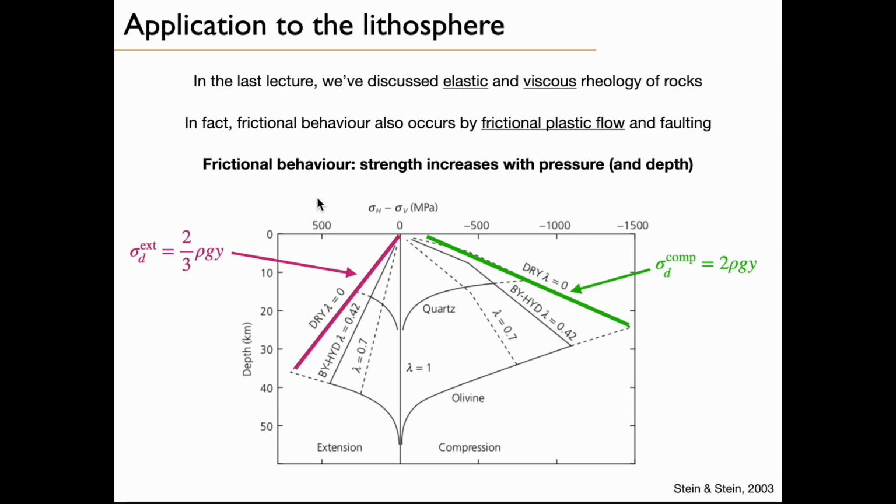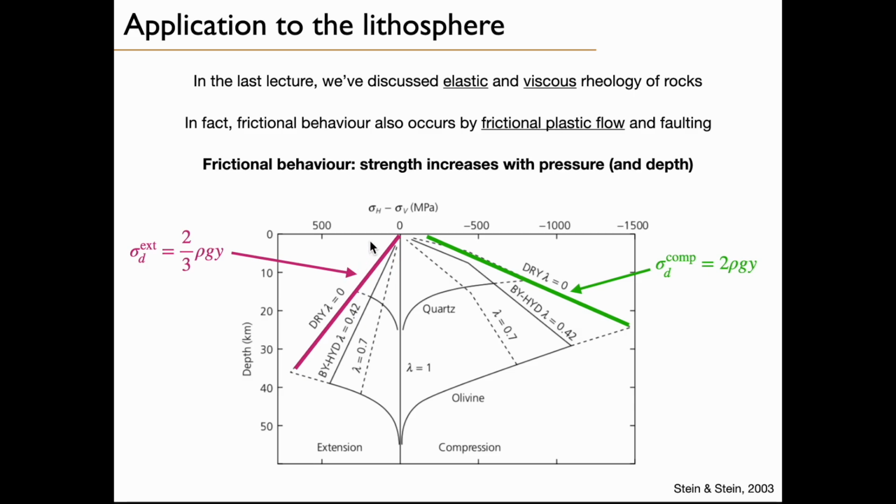So on that part of the diagram, you see a representation of the differential stress, the difference between horizontal and vertical stress in extension, versus the depth. And that part is for the compression. Let's first focus on that side. You see one line here in purple, and that's basically the differential stress for extension.